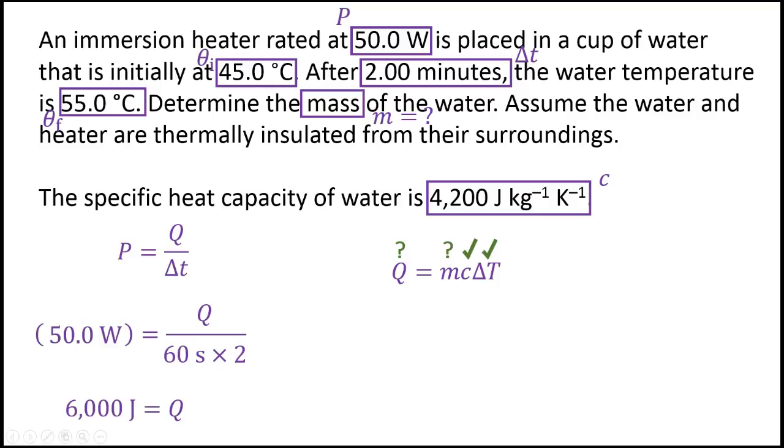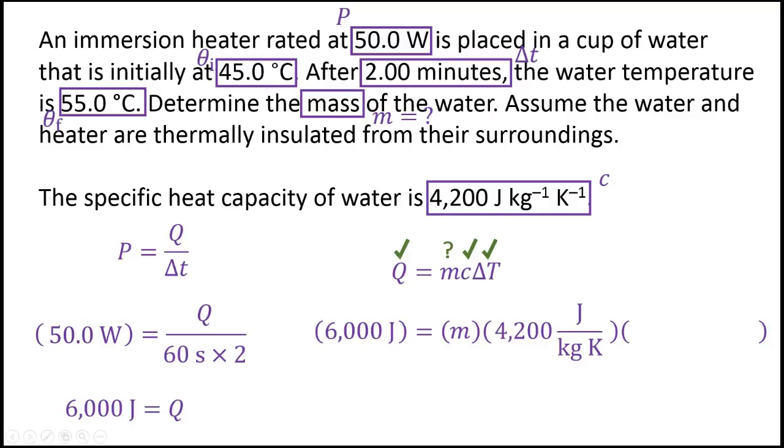Now that I know Q, let me check that off in my equation. I know everything except this one unknown. One equation, one unknown, I can solve that. So I'm going to substitute in values. Q was the 6,000 that I got before. The mass, I'm not plugging in because I don't know it yet. c was 4,200.